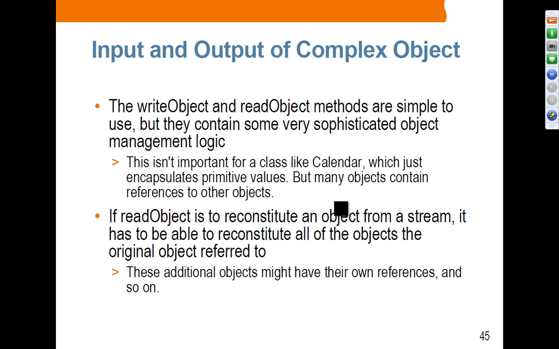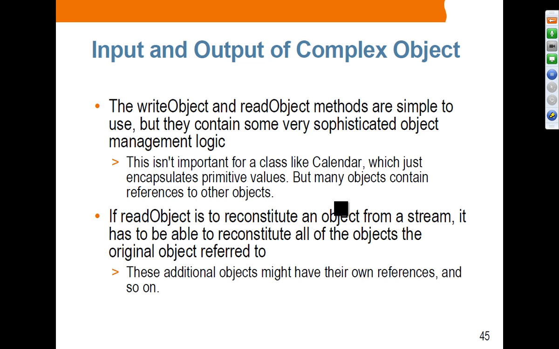Now, writeObject and readObject are simple to use, but underneath what goes on is very complex, because an object in a Java program is not very simple. It could have properties and methods, and the properties could be another object type, and that object could contain another object as its own property.